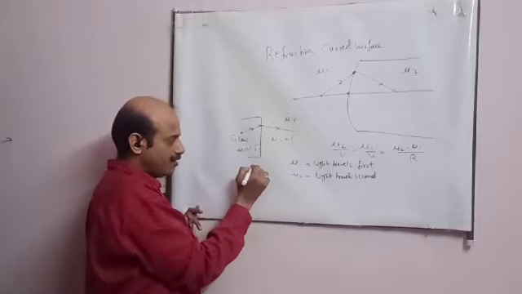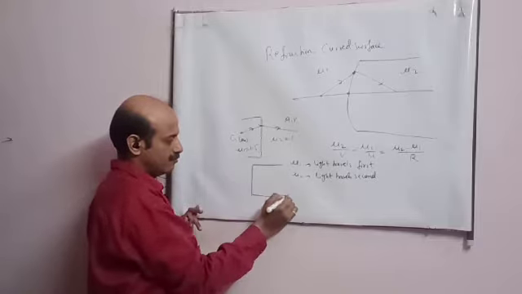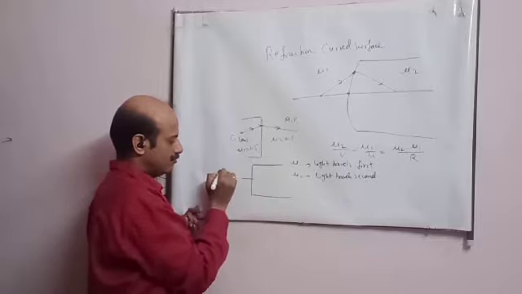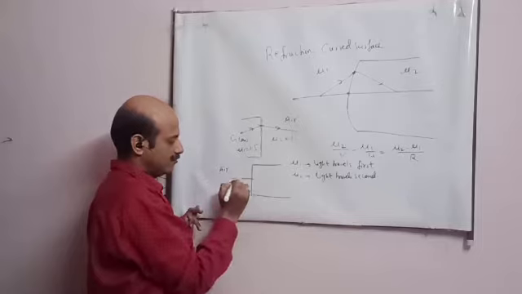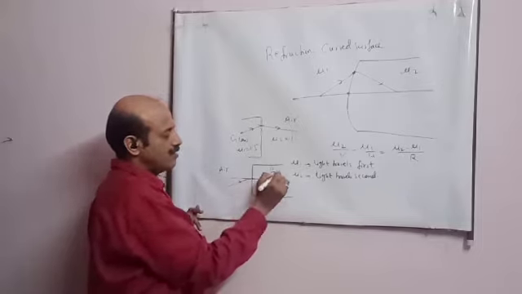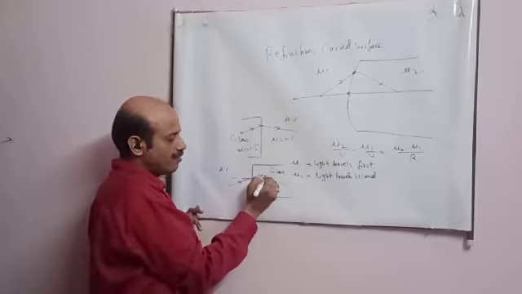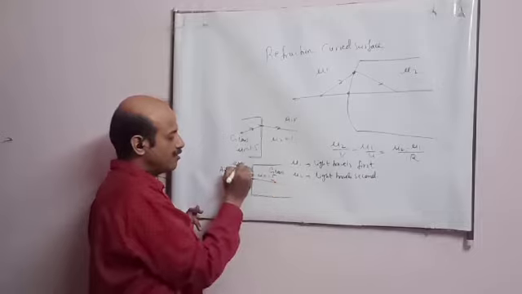Suppose, student, the first medium is air, and this is glass. Then for this, mu is 1.5 and mu is equal to 1.